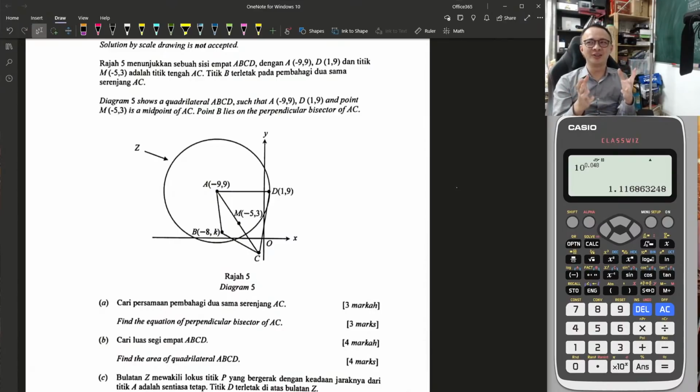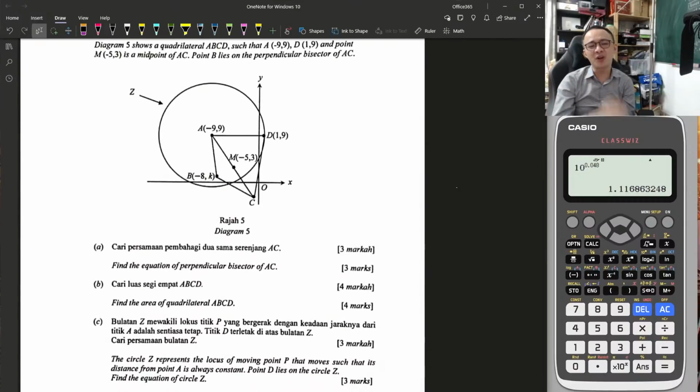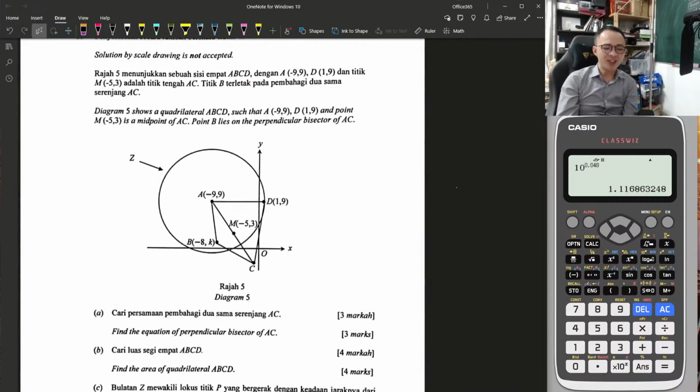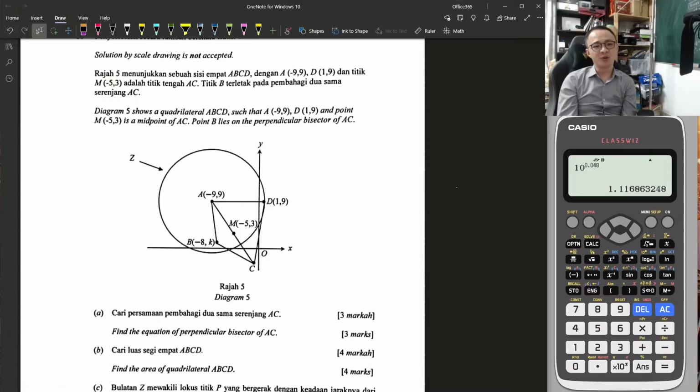I do not know how it works. Is it based on the antenna or the satellite? So yes, that question is very hard. I guess it's coordinate geometry, needing to work out something about the locus. But each state also has a few questions that are quite hard. It just depends whether you can get it or not. Even when I do the SBP one, there are a few questions that are quite challenging as well.